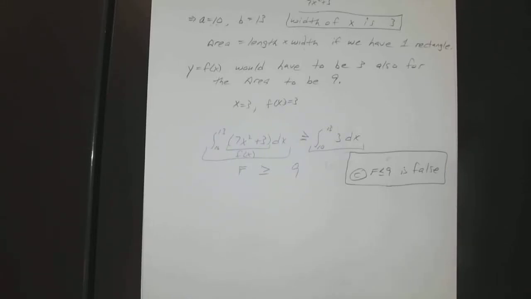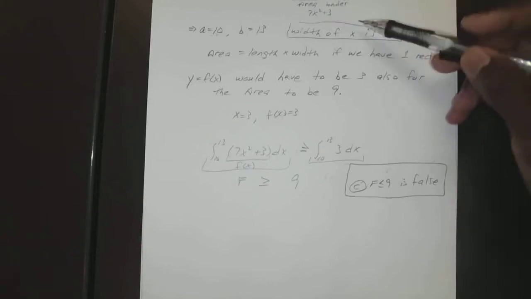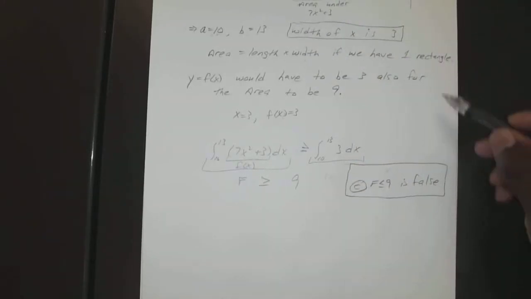All right, any questions on that one? In order for that to be true, you said x would have to be 9, or in order for the area to equal 9. Well, we know our width is 3, because that's the distance between 10 and 13 on the x-axis.